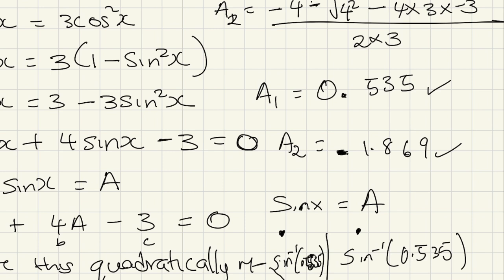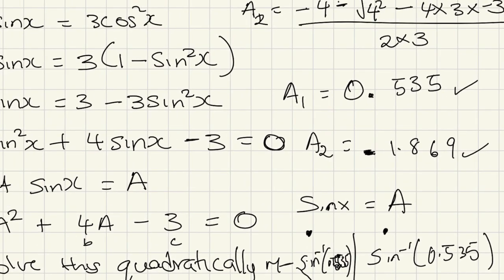So we will get on this side 2.57, and then on this side we get 0.546. Keep it in brackets.